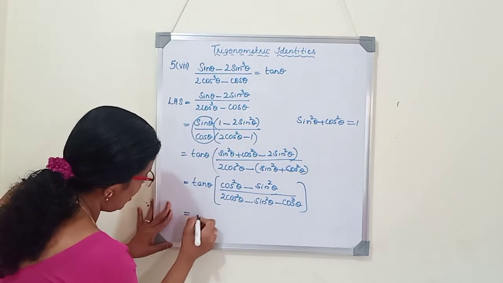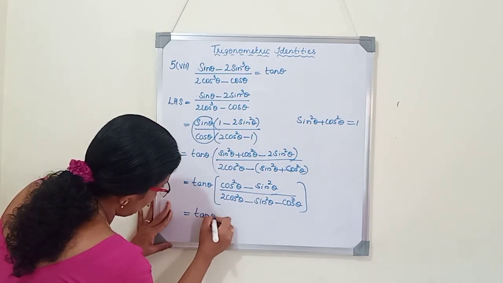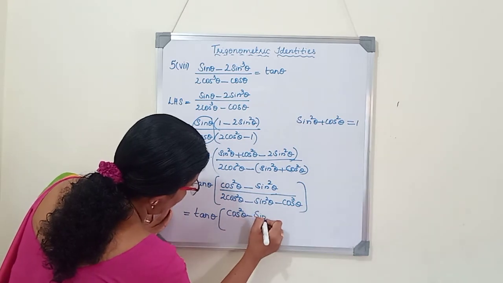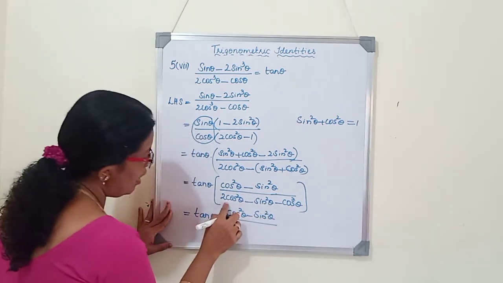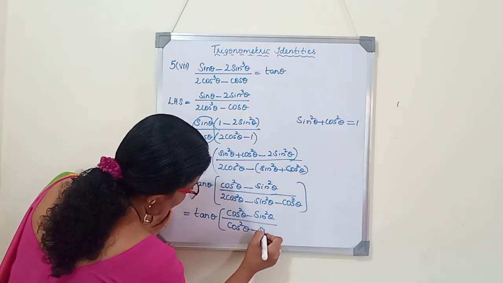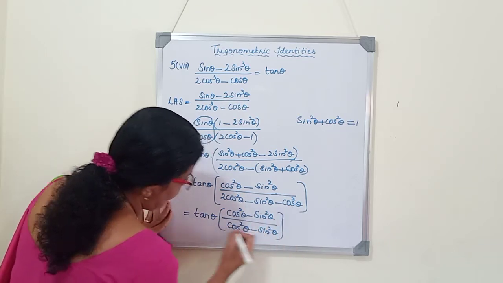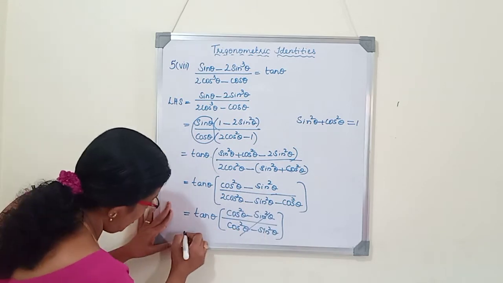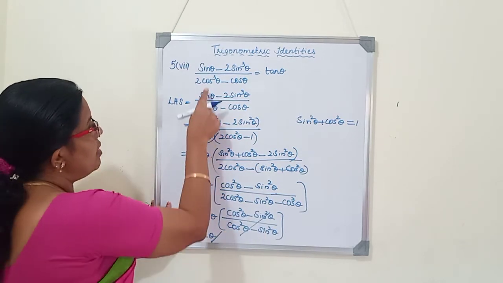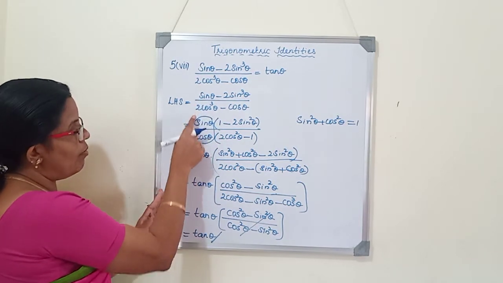So, once again last step, tan theta into numerator as it is, we will write cos square theta minus sin square theta, divided by 2 cos square minus cos square is cos square theta minus sin square theta. So, the numerator and denominator now we can cancel and we will get the answer tan theta. So, here what we did is, first we took numerator and denominator.